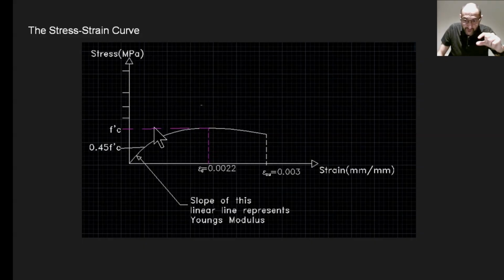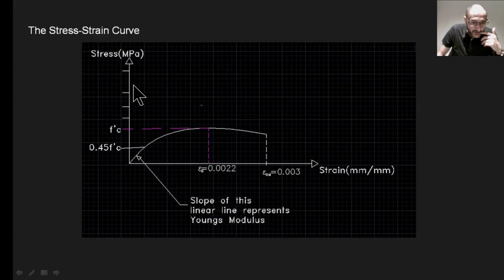At the limit of F-C, the concrete now begins to crush, and it's important to understand this concept. Then the second strain parameter, epsilon sub cu, which is 0.003, or 0.3%, represents the ultimate strain. It's the rupture strain, and this is what we can use in our design.